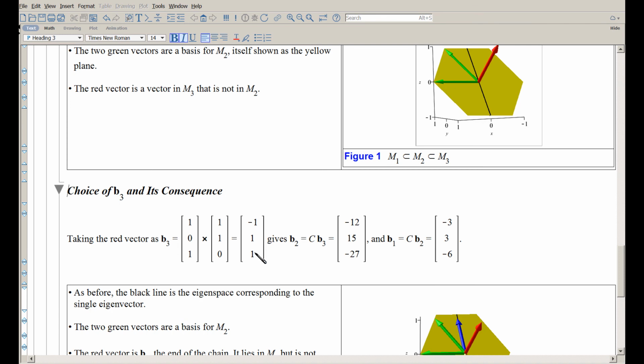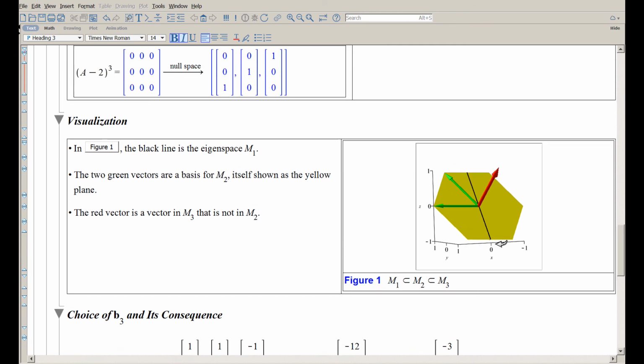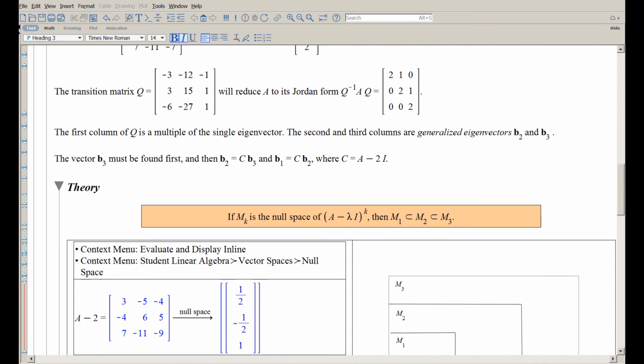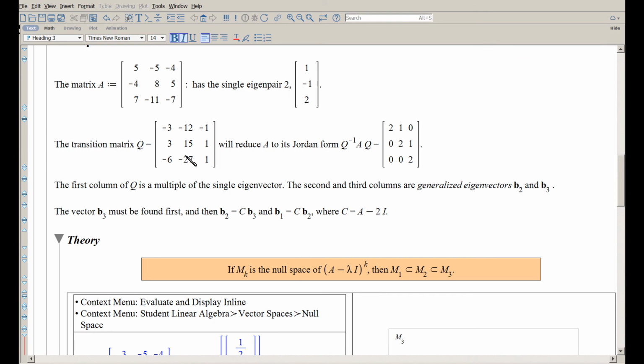And we can take that as B3. And if we take the product of B3 with A minus 2I, we will get this vector. And if we take the product of this vector with A minus 2I, we will get this vector. And if you have a very good memory, you will recall that those are the three columns of this matrix I called Q.